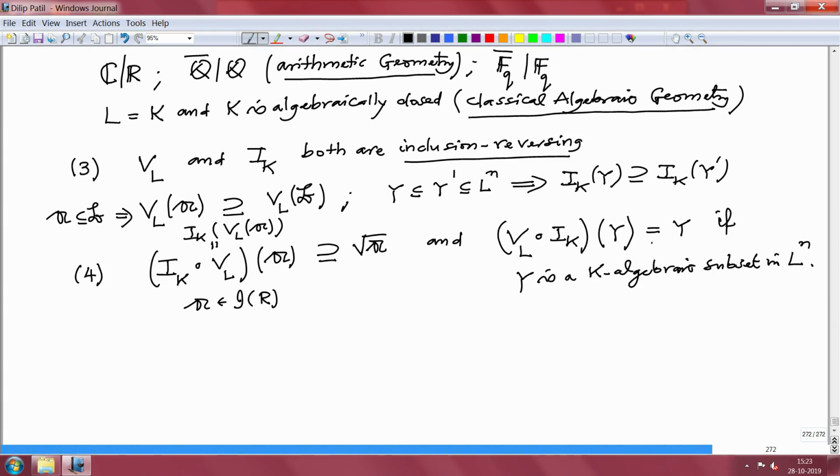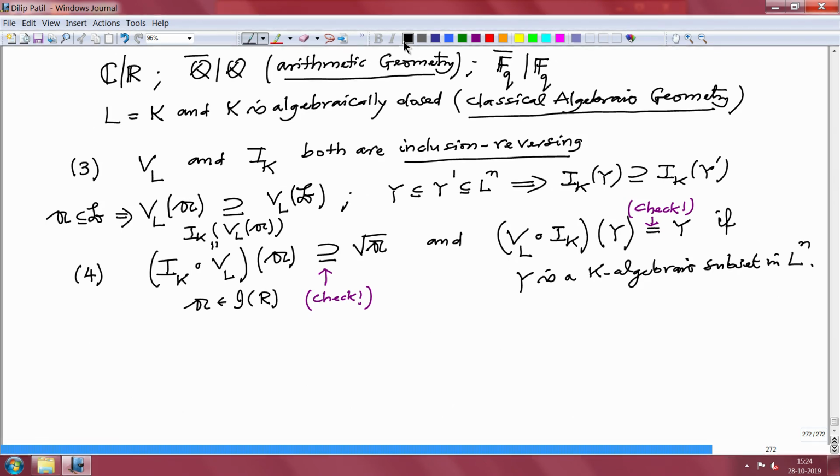So similarly this is also easy. So I will just mark here: check this equality, similarly check this. These are easy checkings.